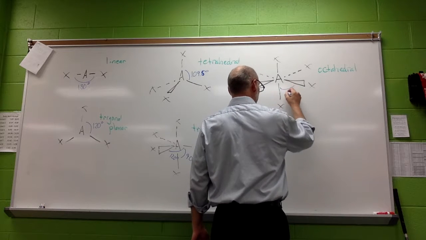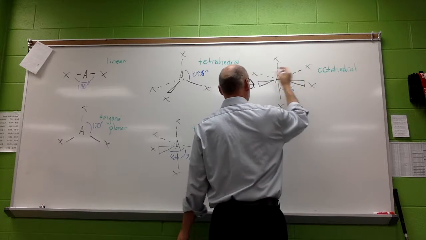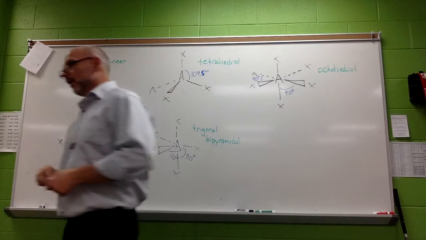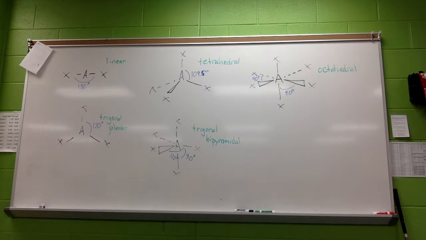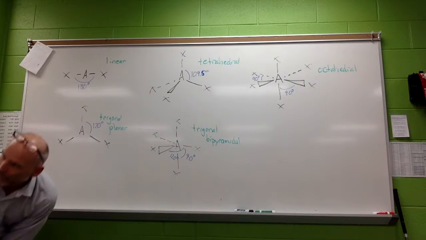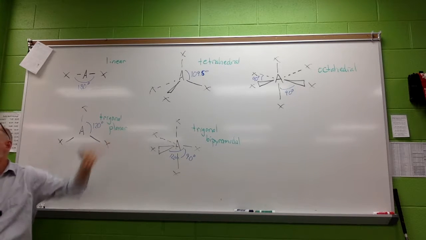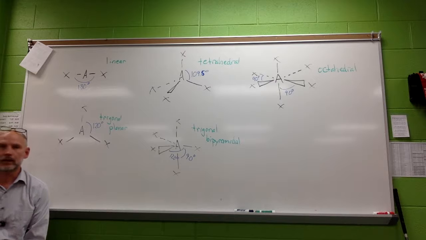So, 90. I'll pick another one just for fun. Now, that's assuming that all those positions are occupied by bonding pairs of electrons. Now, remember, what is a chemical bond? I like to keep emphasizing this so you guys understand. When we're talking about a covalent chemical bond, what does that mean?